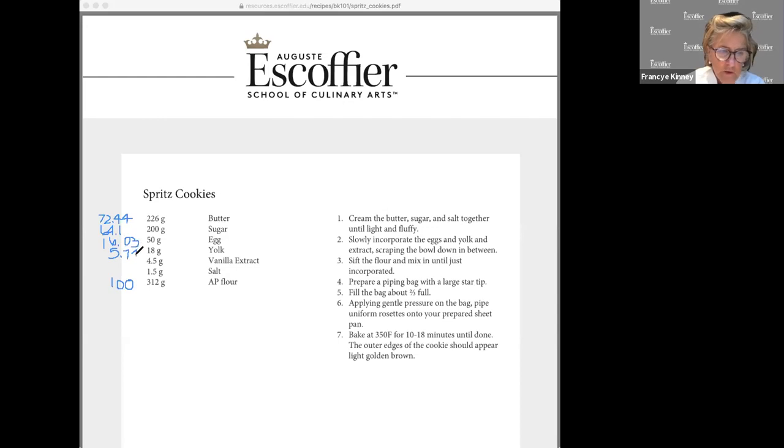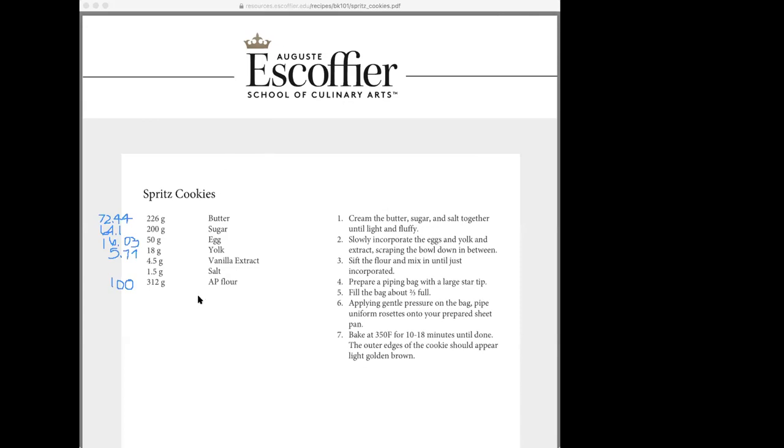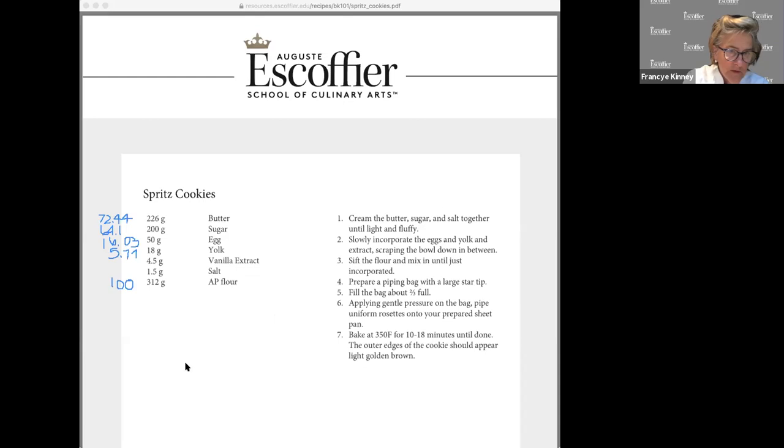Any questions with the rounding to that second decimal point, or is everybody okay? Okay so far, good. Then we've got 4.5 grams of vanilla, which we divide by the 312, multiply by 100, and we get 1.4423, so we will do 1.44.